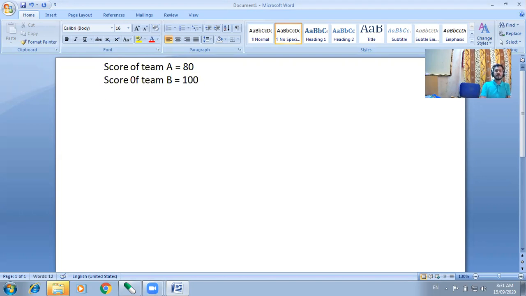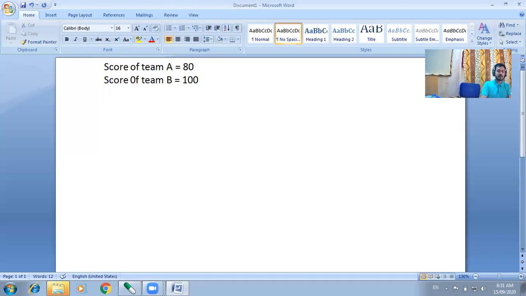So how can we compare? We can observe that it is evident which team scored more. It is clearly visible here: the score of team B is more compared to team A.